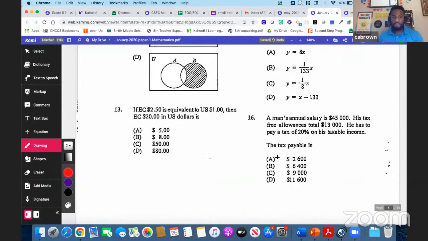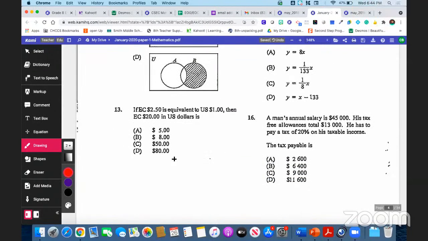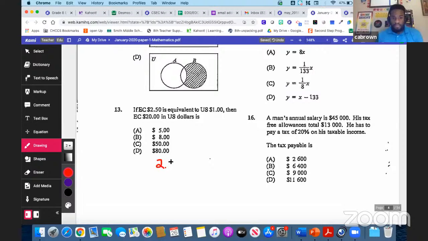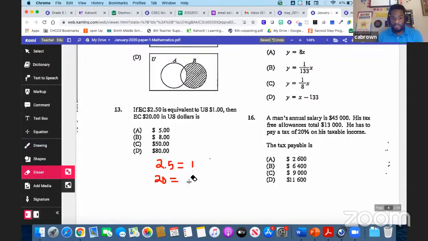Number 13. If EC$2.50 is equal to 1 US dollar, then EC$20 will be equal to how many US dollars? We don't know, so let me put X. Right away, we can rule out two possible answers.